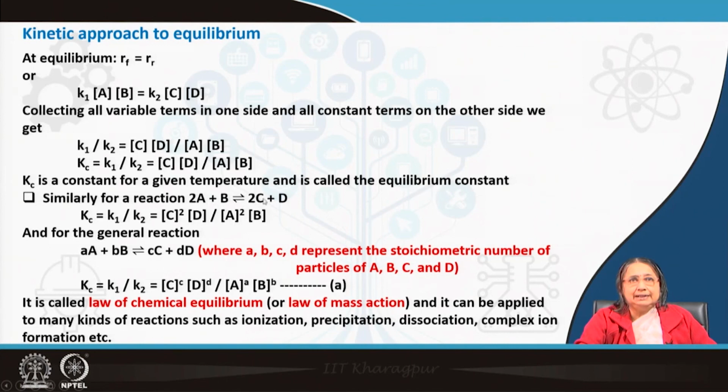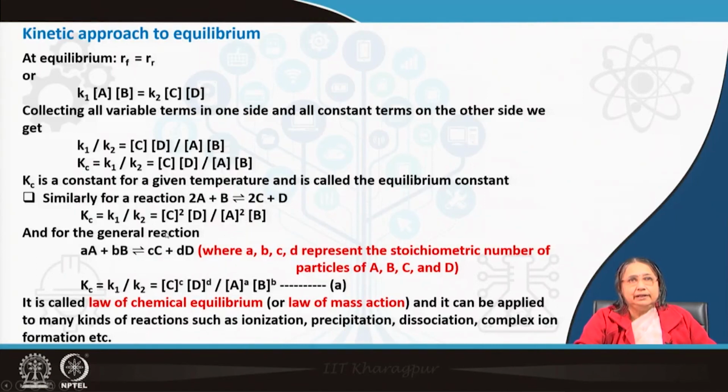Considering a reaction that is not 1:1 but 2:1, for example 2A plus B giving 2C plus D, K will be, in the same way, K1 by K2, which is nothing but the concentration of C squared into the concentration of D by the concentration of A squared into the concentration of B.